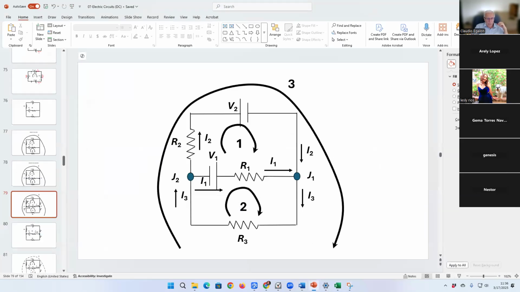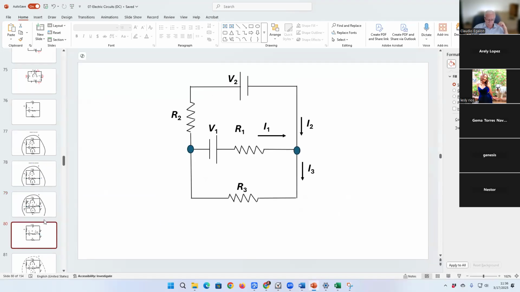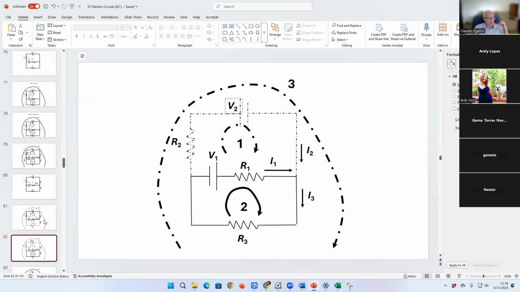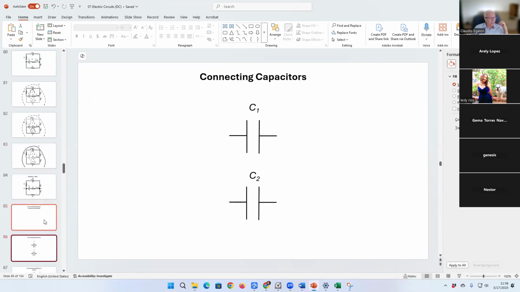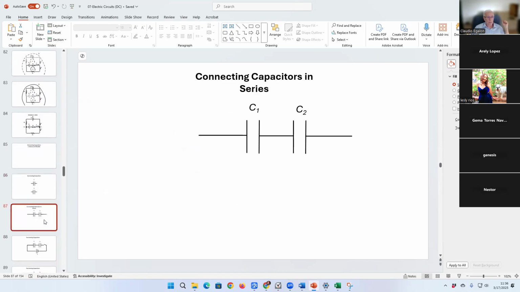And I can illustrate that. Let me give an illustration here, connecting capacitors in series and parallel. So here you go, capacitors in parallel here, capacitors in series here.